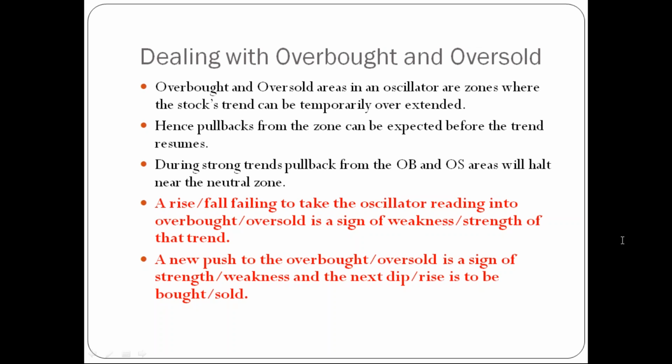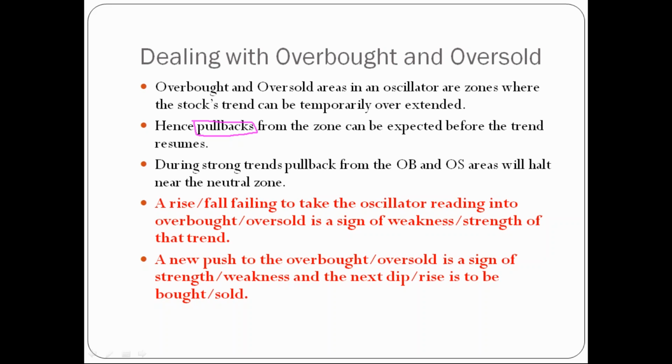Hence, pullbacks from the zone can be expected before the trend resumes. It's not a change in trend. It is a pullback from the zone, a retracement in the ongoing trend. It's not that the trend is changing altogether.